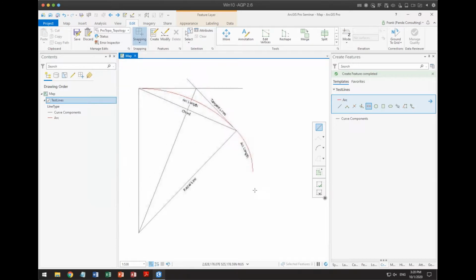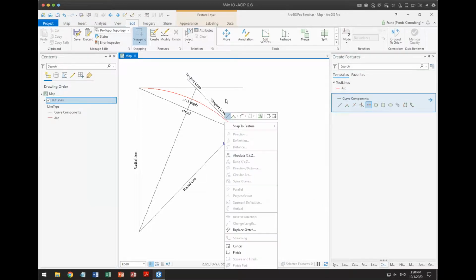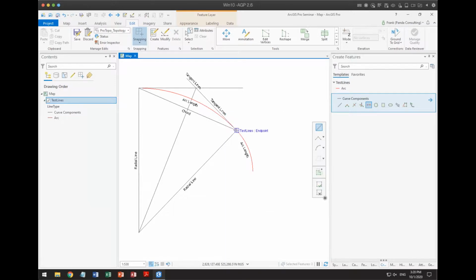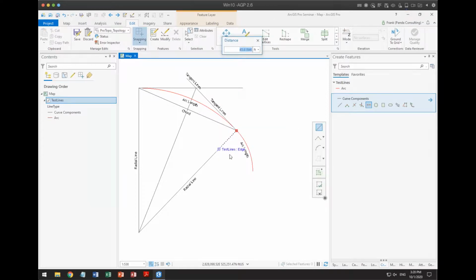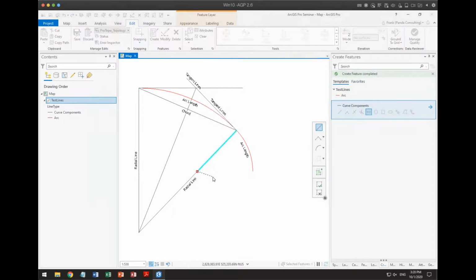So again, I can now build the same components off of this. If I go in here and go down a distance of 100 feet, that's where my radius is for this curve.